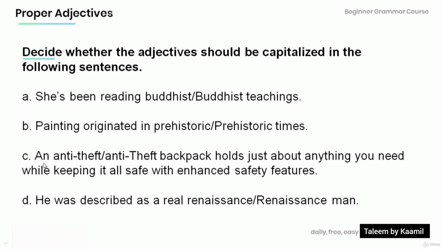C. An anti-theft backpack holds just about anything you need while keeping it all safe with enhanced safety features. D. He was described as a real Renaissance man.